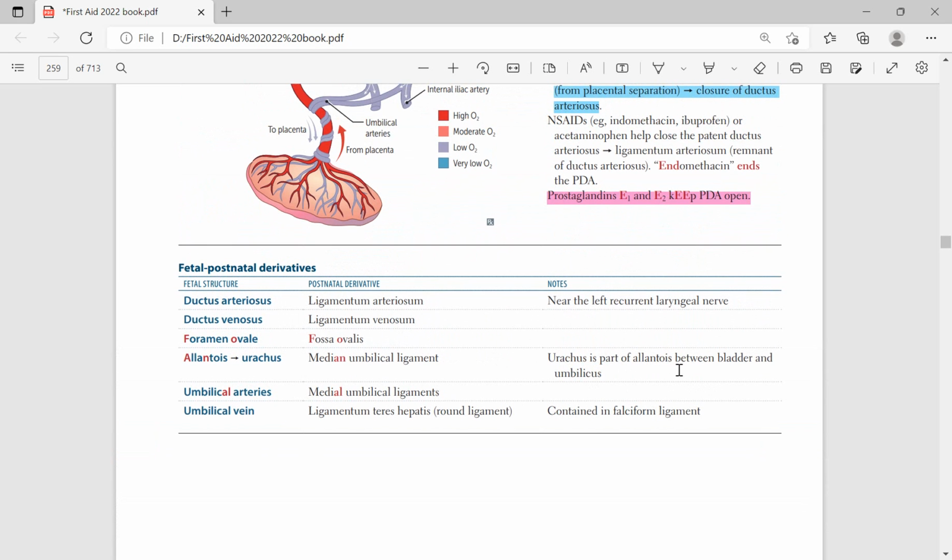The urachus is part of the allantois between the bladder and umbilicus.